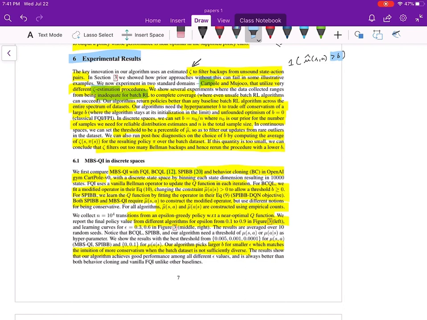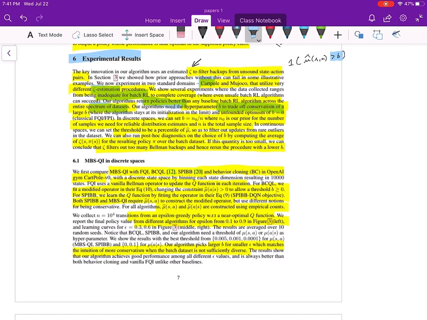Our algorithms return policies better than any baseline batch RL across the entire spectrum of datasets, compared to BCQ, BEAR and SPIBB, I guess. And the algorithms presented here use the hyperparameter b to trade off the conservatism of a large b. That is the advantage over the concentrability condition which the previous works had.